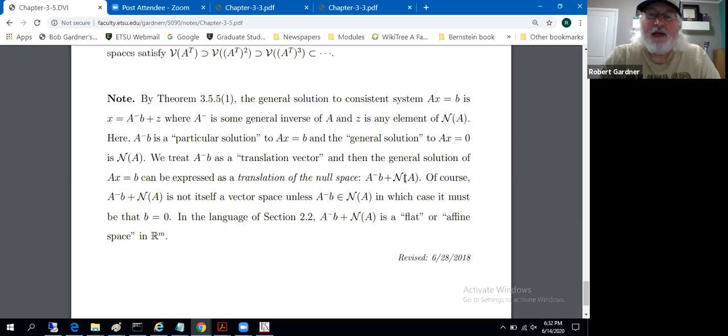So now, whereas the null space could have been represented as a plane passing through the origin in a three-dimensional coordinate system, this will be a plane that maybe doesn't pass through the origin. We get a plane, say, that doesn't pass through the origin in R3.